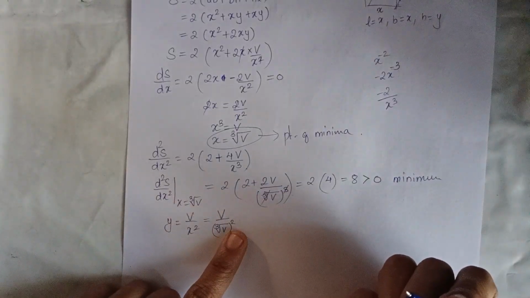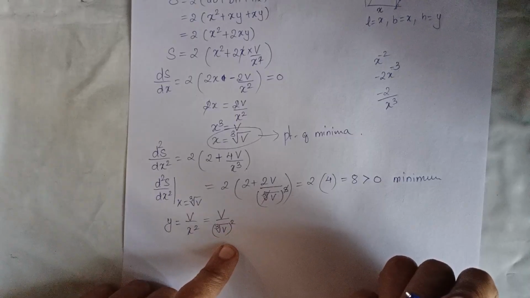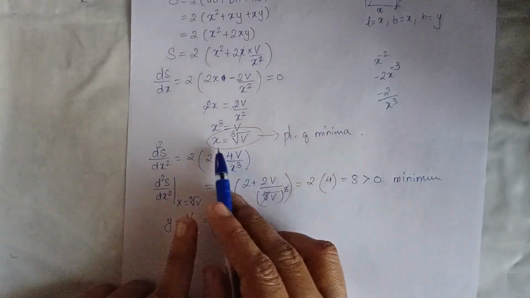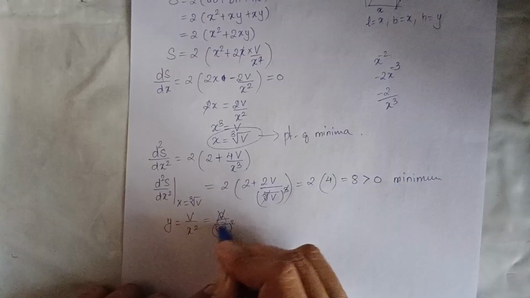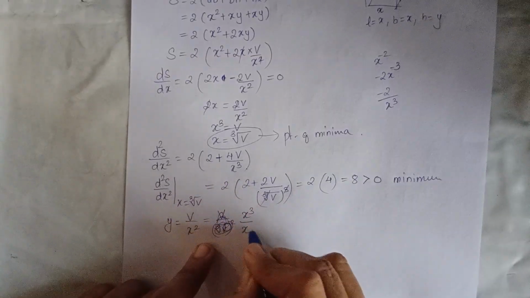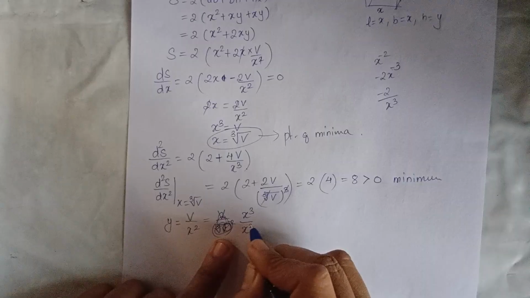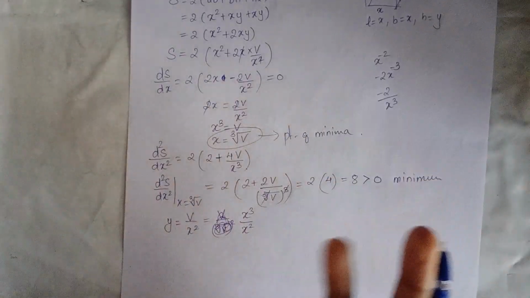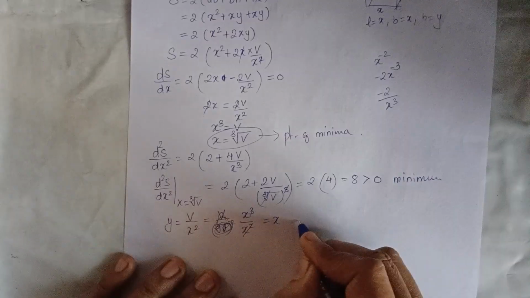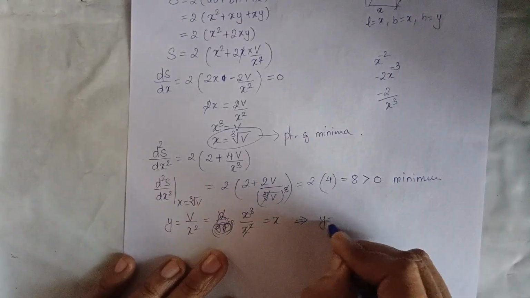Or we can write v is x cube, correct? So I can write here in place of v, x cube. We'll get the same thing. Either it is in terms of v or in terms of x. So we are getting here y equal to x.